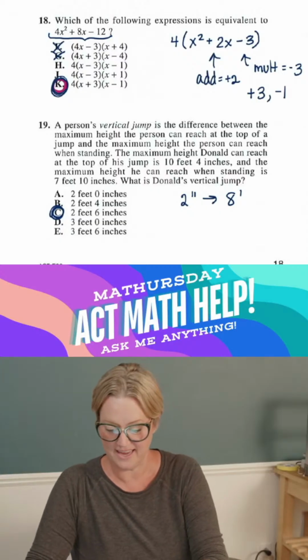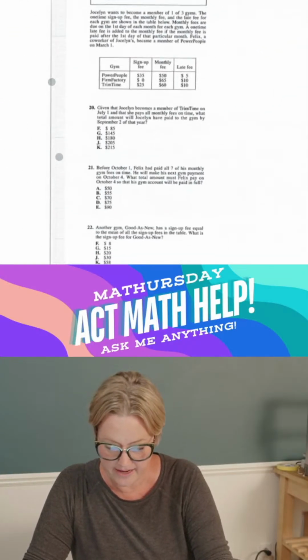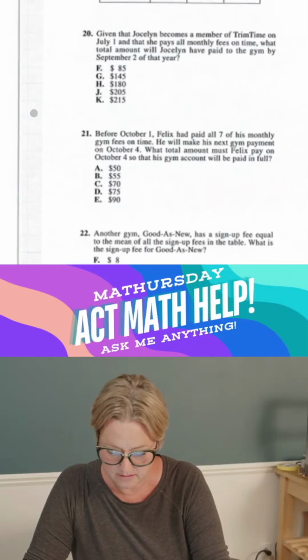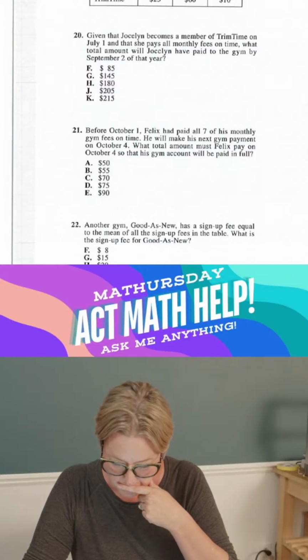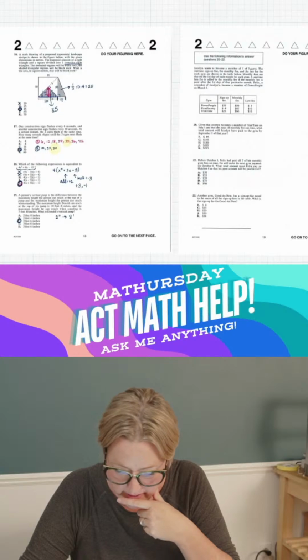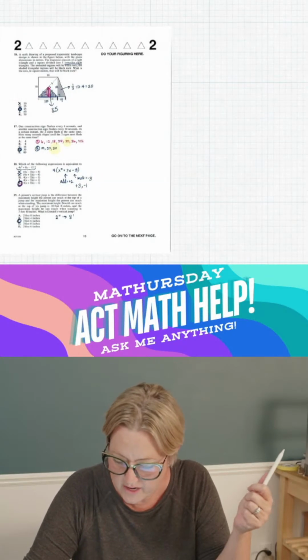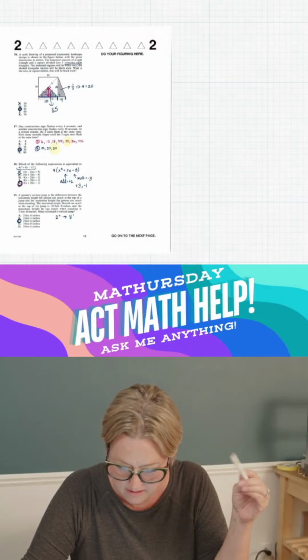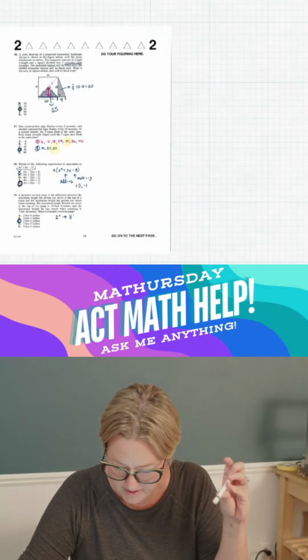Okay, let's see. All right, last page. Ooh, I think we might need to. Oh, you know what? I might need to. Let's do a different page because this one is going to be really difficult to see. So hold on, guys. Stand by.